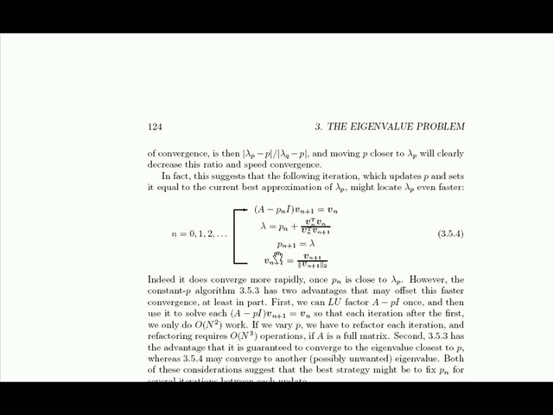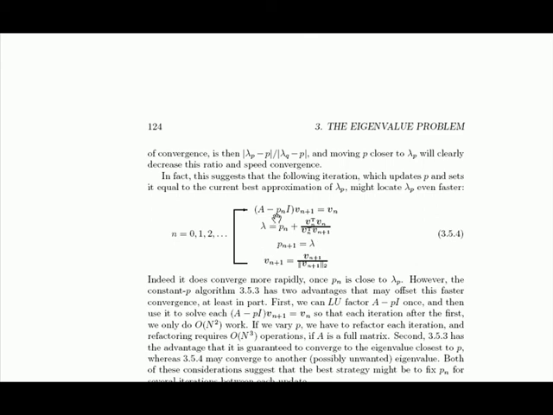That suggests that maybe we should simply update our p every iteration. In other words, instead of choosing p to be fixed, we have a better and better estimate of the eigenvalue we're looking for. Why not update p every iteration? And in fact, that will cause it to converge a lot faster. There are a couple of disadvantages on the other hand.